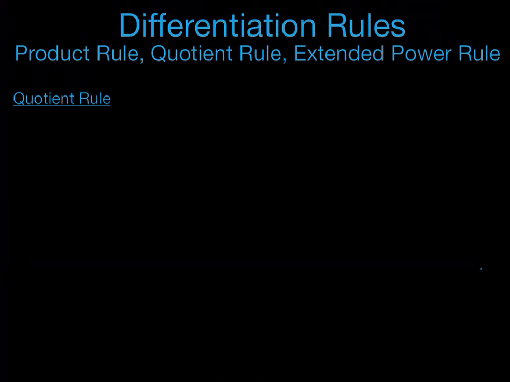Now let's take a look at the quotient rule. The quotient rule is going to be the derivative, d over dx, of f of x divided by g of x. This one's a little bit more advanced.